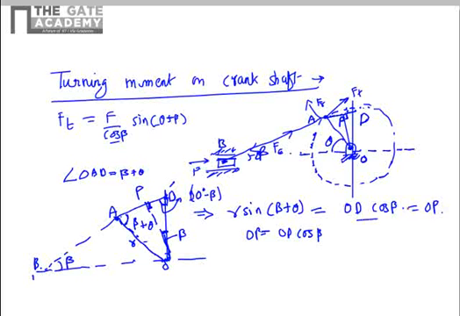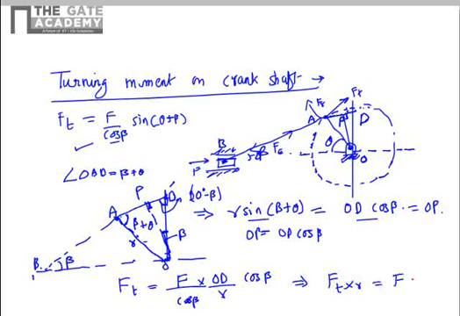Now we substitute this value of sin (beta plus theta) in the value for Ft. So Ft will be equal to F times OD by R cos beta, and in the denominator also we have cos beta here. The cos beta and cos beta will get cancelled out. Ft into r is equal to F into OD.